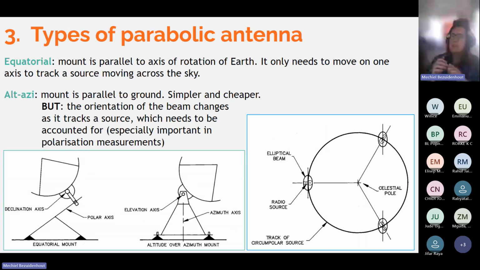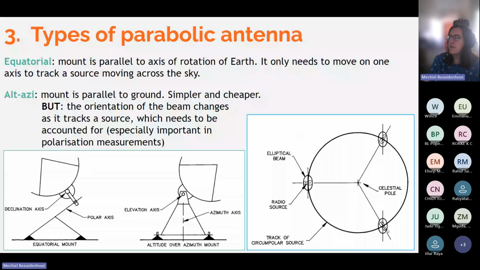That's interesting. But one of the big problems with using this kind of mount is that as you are tracking a source along the sky, the orientation of the beam with respect to that source is also going to change as it tracks, as you can see in the diagram on the left.